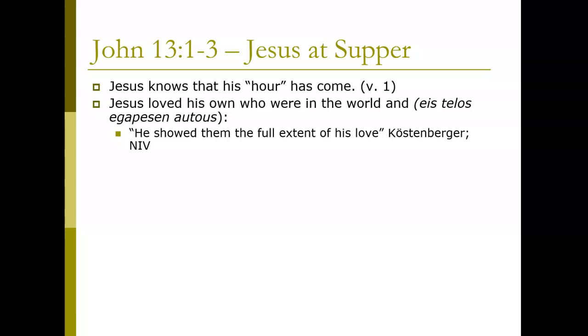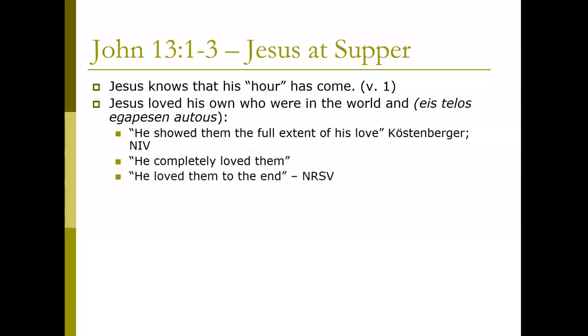So Köstenberger and some other versions of the NIV have read it in that way. Some have understood it as he completely loved them, or he loved them to the end. This is how it is rendered in the New Revised Standard Version and a version of the NIV.